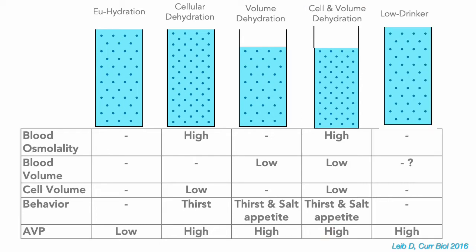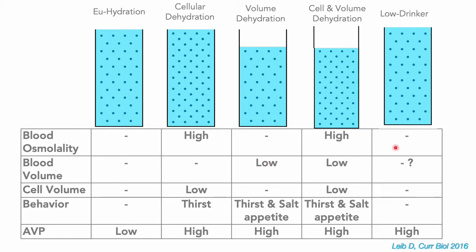So let's pay attention now. What happens if you just drink a small amount? And I'm not talking about not drinking any water, okay? I'm not talking about somebody who intentionally or unintentionally doesn't have access to water. I'm talking about somebody who just consumes a small amount of water.